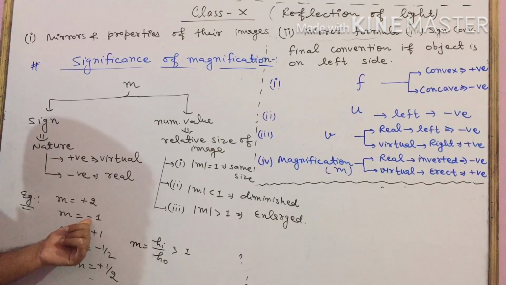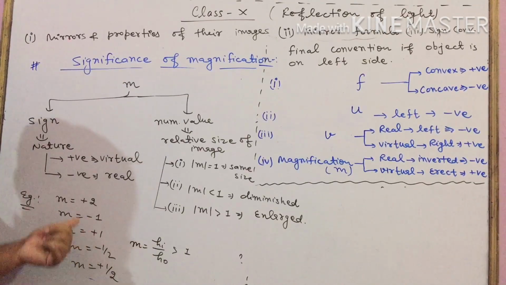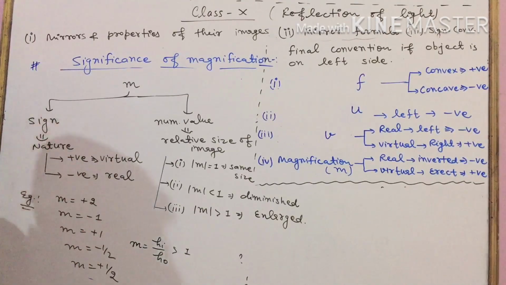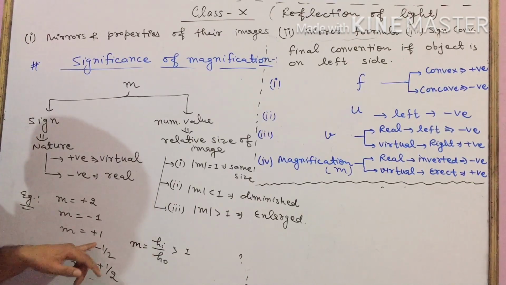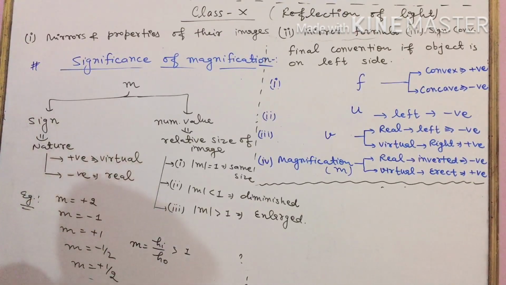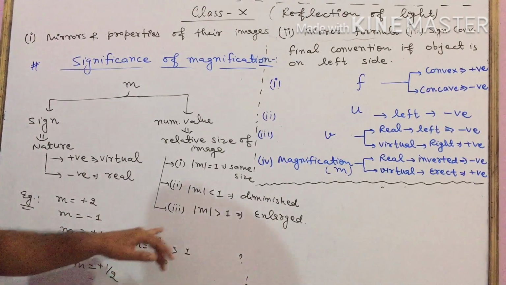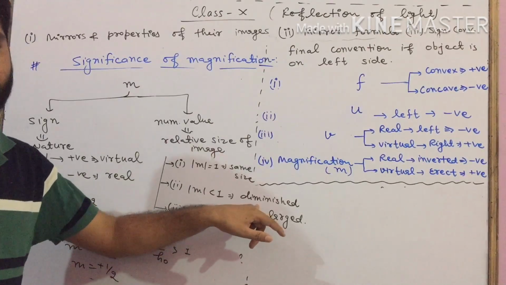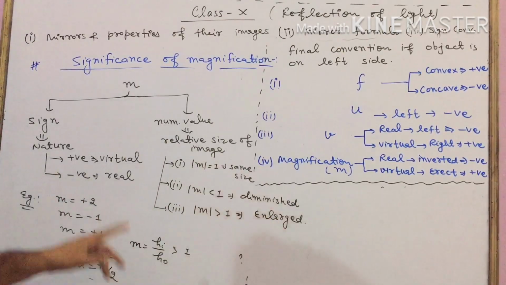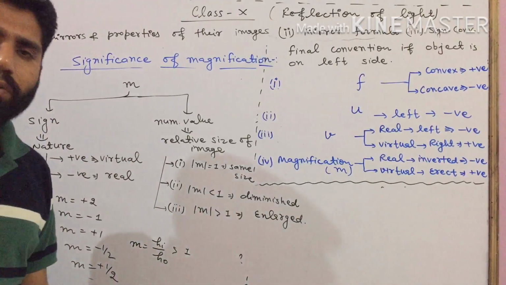In this case it was negative, in this case it is positive. So the positive sign indicates that the image formed is virtual. Magnification is -1/2. Minus indicates that the image is real, and half means the size of the image is half the size of the object. So half means magnification is less than 1, meaning it is a diminished image. So that is the significance of sign and numerical value of magnification.